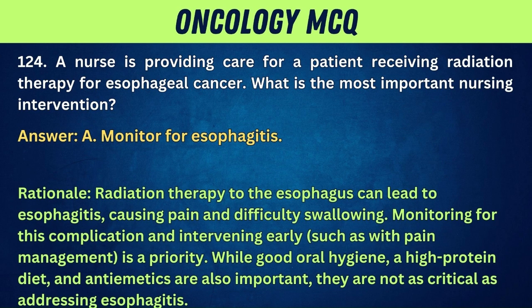Rationale: Radiation therapy to the esophagus can lead to esophagitis, causing pain and difficulty swallowing. Monitoring for this complication and intervening early, such as with pain management, is a priority. While good oral hygiene, a high-protein diet, and antiemetics are also important, they are not as critical as addressing esophagitis.